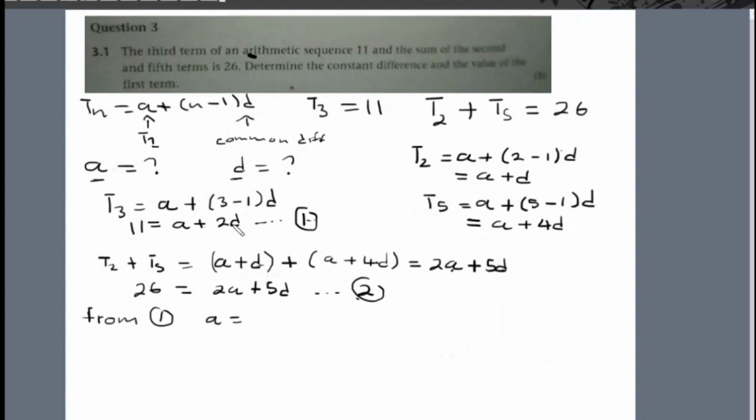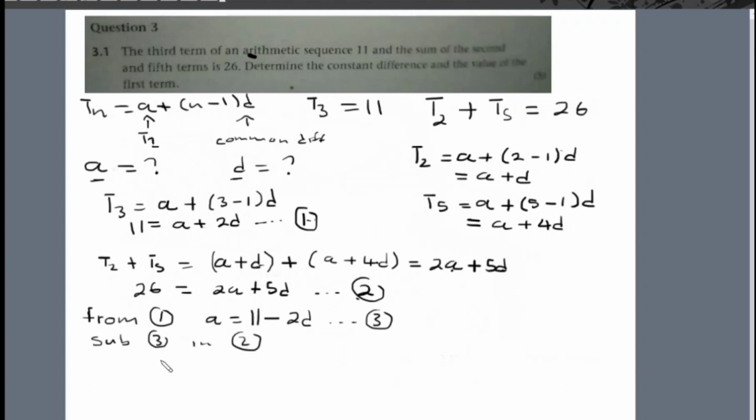11. Now you will see that a is equal to 11 minus 2d, right? And then you can call this equation 3. And then you will substitute equation 3 in equation 2, right?